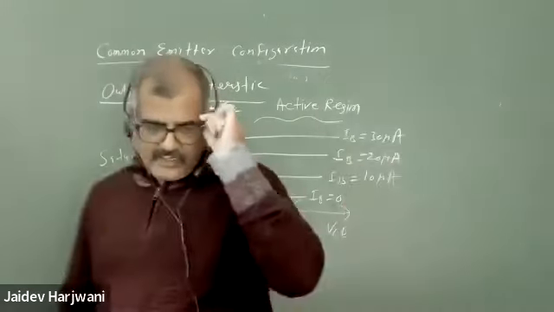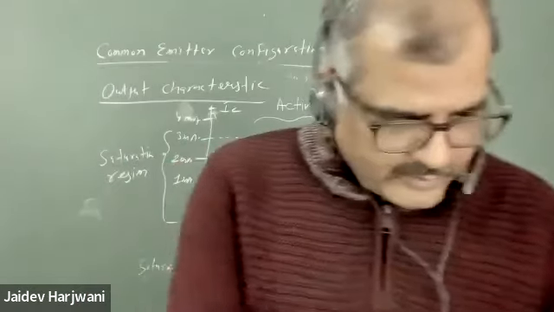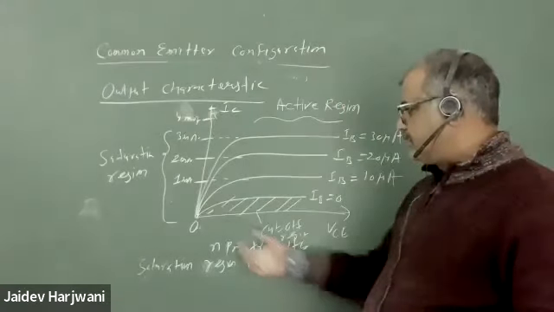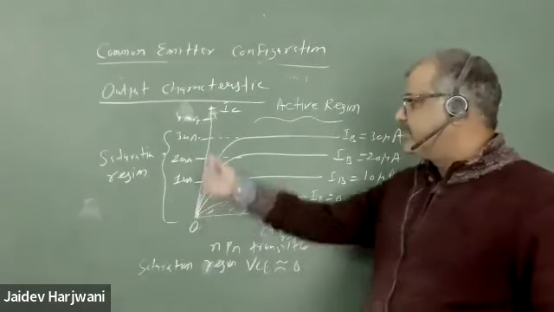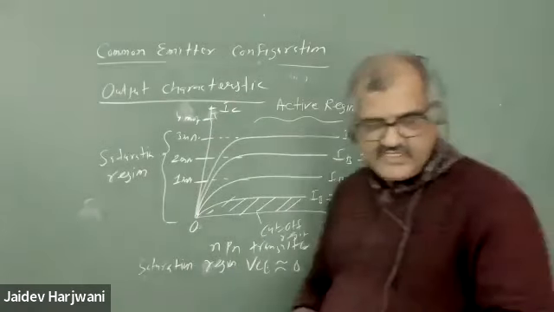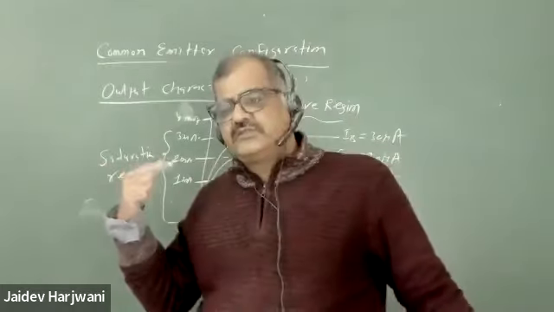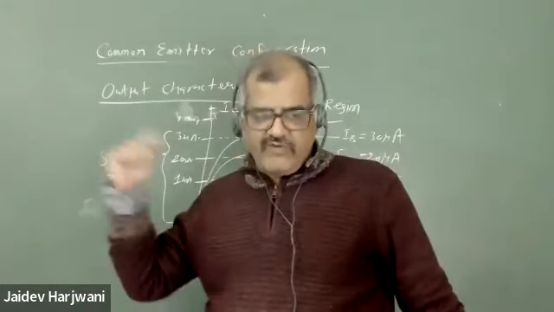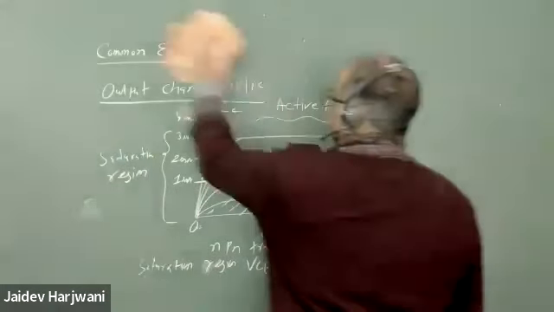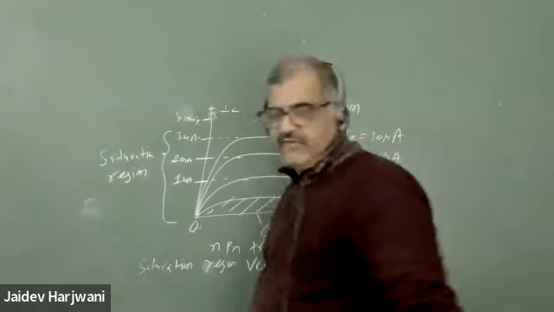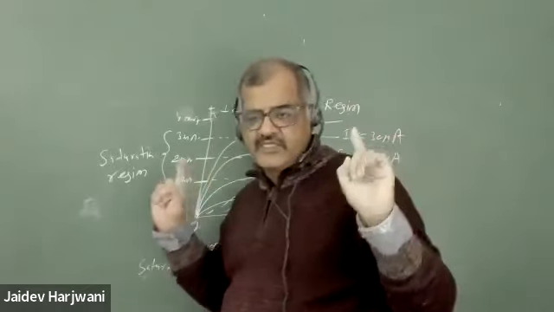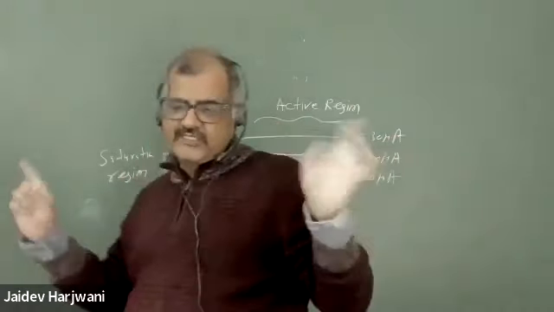When your VCE is almost 0, at that time the transistor will work in the saturation region. Now, what do you mean by VCE 0? I told you saturation region means both junctions should be forward bias. Now I'm saying VCE is 0. So what is the meaning of that? The definition is that the collector junction and the input junction are both forward bias.